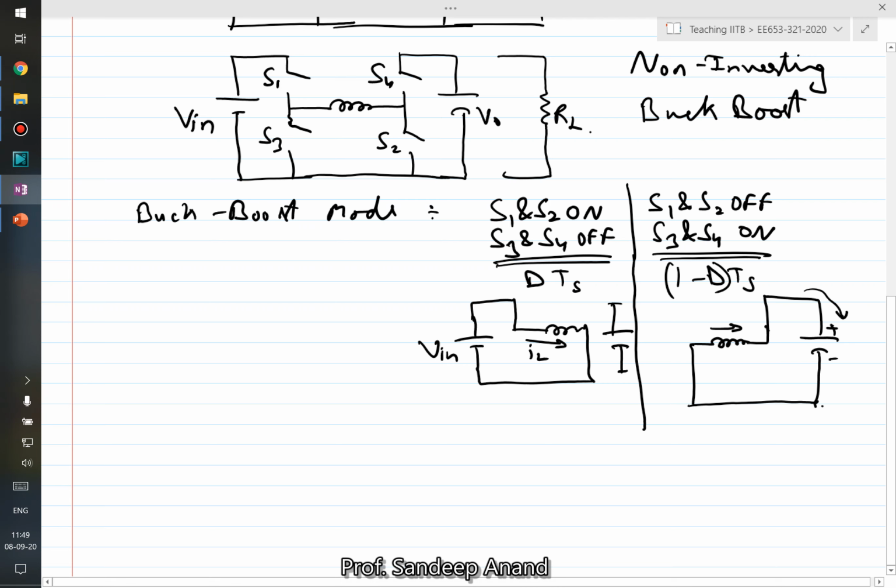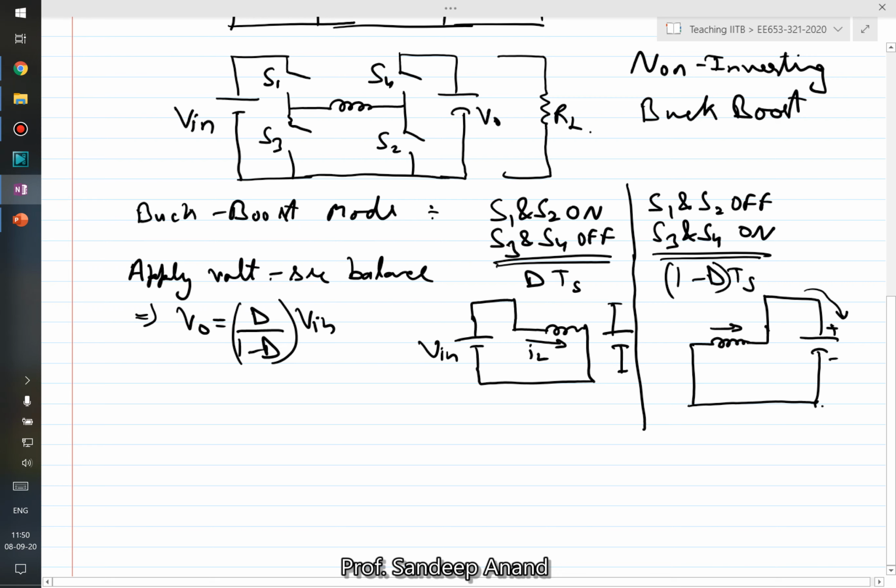So the same thing, you can apply volt second balance, and what you would get is VO equal to D upon 1 minus D times V in. So you get this as a buck boost converter.